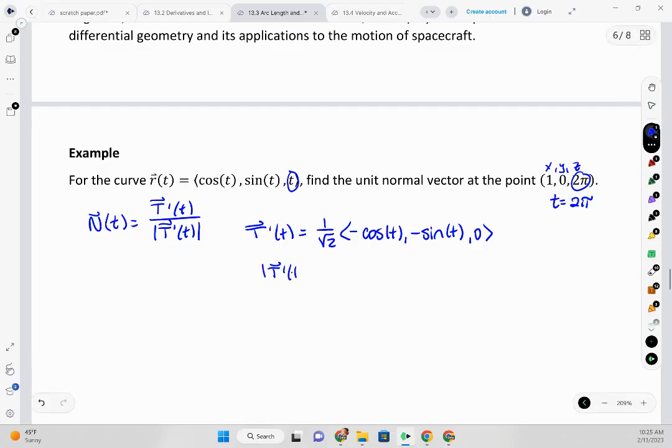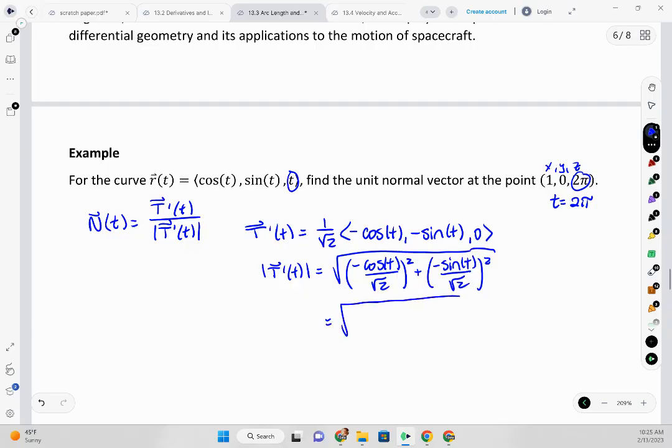So the magnitude of T prime of t will be the square root of (negative cosine of t over the square root of 2) squared plus (negative sine of t over the square root of 2) squared. And then when we simplify that, this becomes cosine squared of t plus sine squared of t over 2, which reduces to the square root of 1/2, or 1 over the square root of 2.